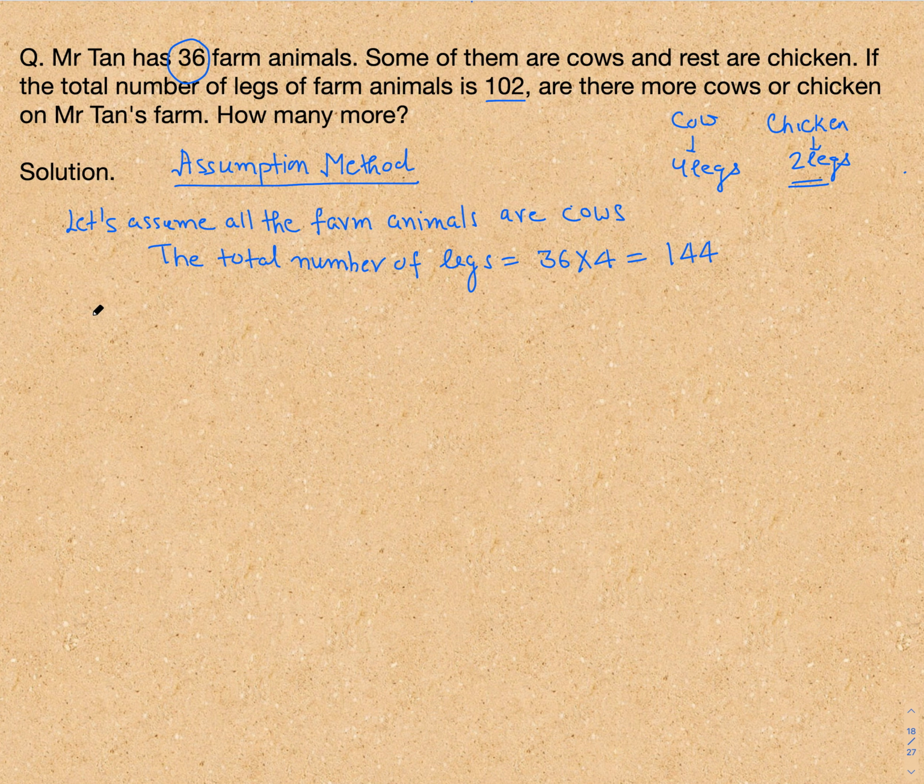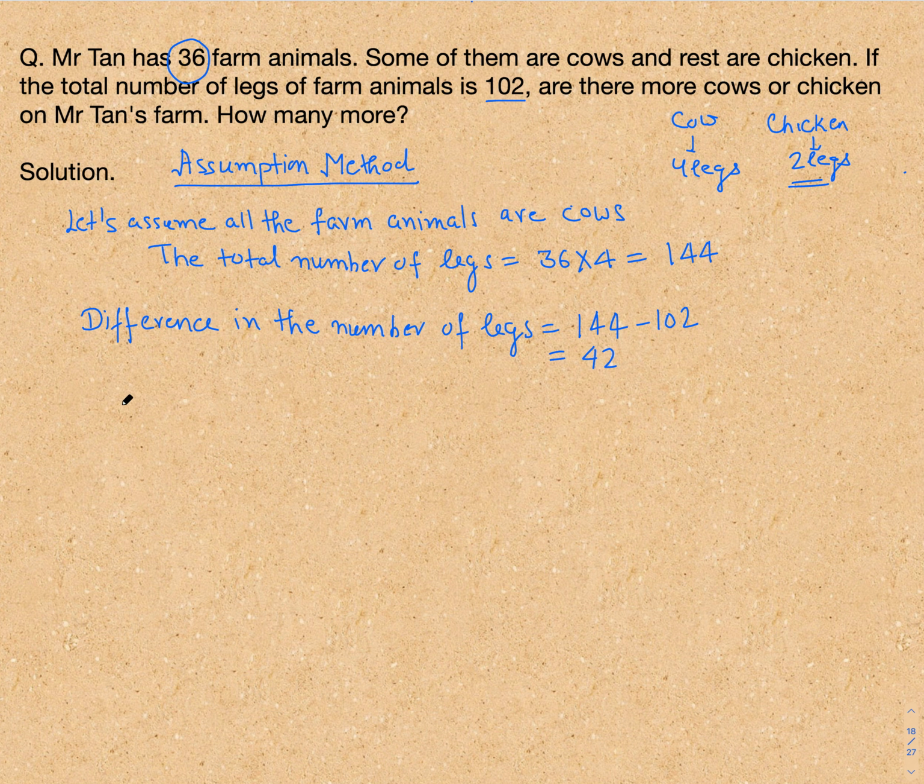The difference in the number of legs would be 144 minus 102, that will give you 42 legs. That means we have 42 legs more than what are actually on the farm.